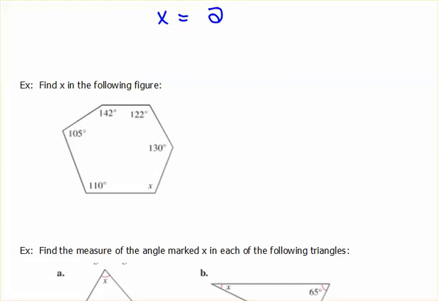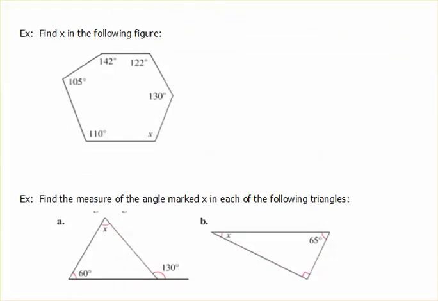Okay, let's look at this one. Find x in the following figure. Okay, so we have a 1, 2, 3, 4, 5, 6-sided figure, and this is a convex polygon. So if I can use that formula that says n minus 2 times 180 is the degree measure of the interior of that polygon.